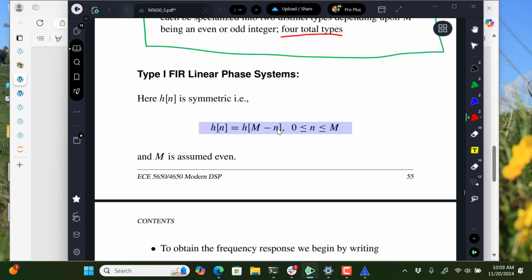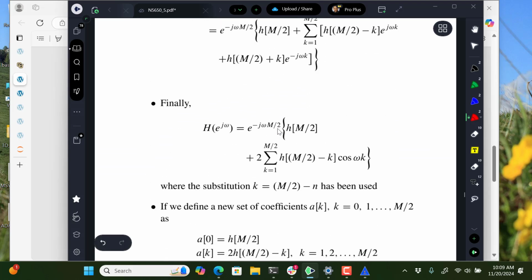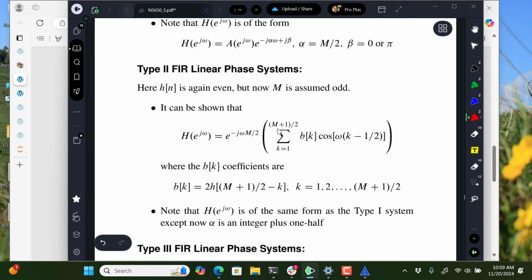So if you have M, then you've got M over 2 coefficients, the front end and the back end, and then you have a single coefficient standing up in the middle. If you go into type 2, it's just an even number of coefficients front and back and no center term.